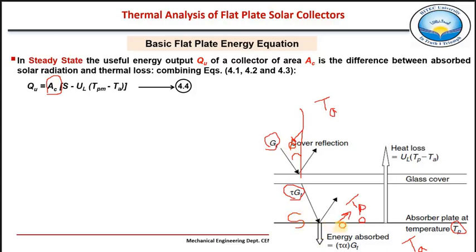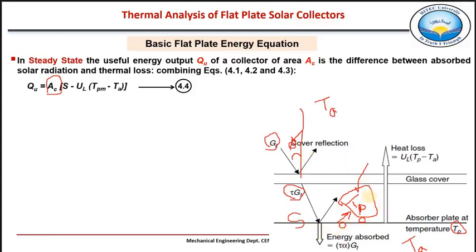As the absorbed radiation is changing, the amount which is lost and which is transferred to this fluid will be changing. So this TP is not that simple to calculate because it is dependent upon many parameters: the type of collector design, the available or absorbed radiation, right, and also the condition of this fluid which is flowing through these tubes, at what flow rate and at what temperature it is entering into this solar collector.